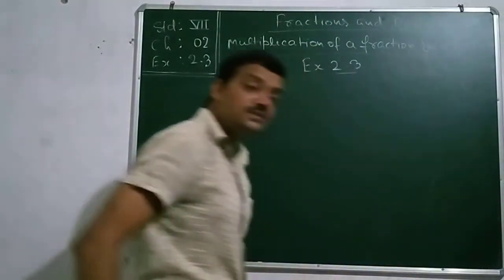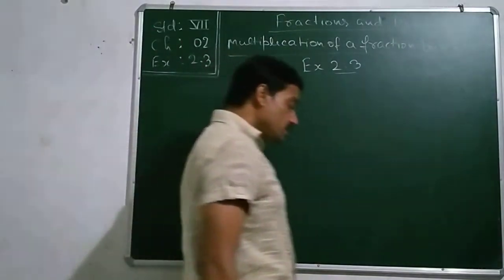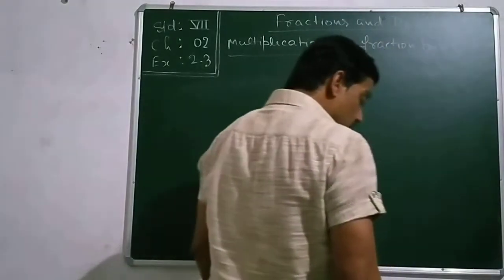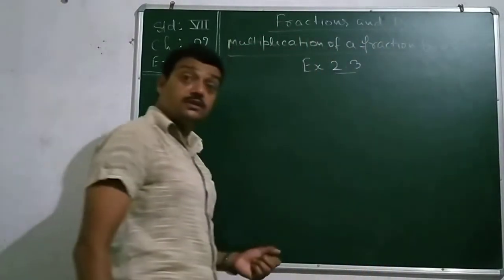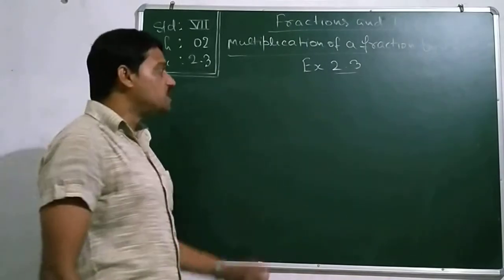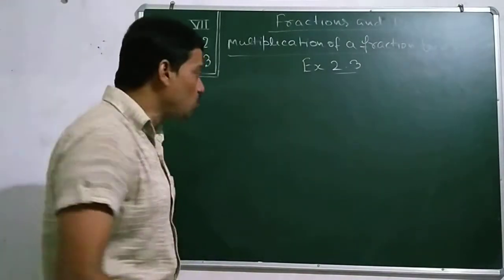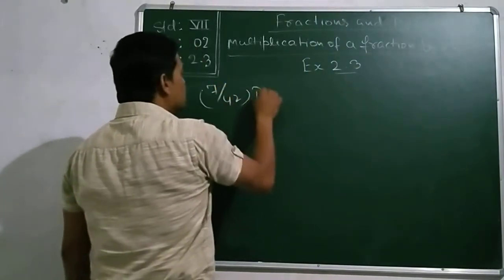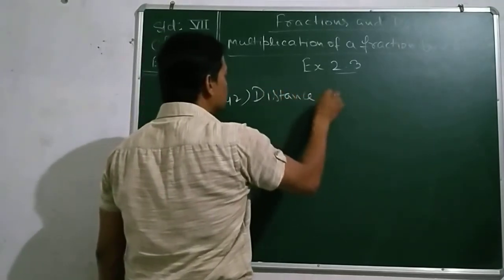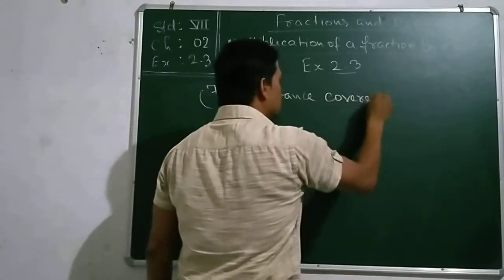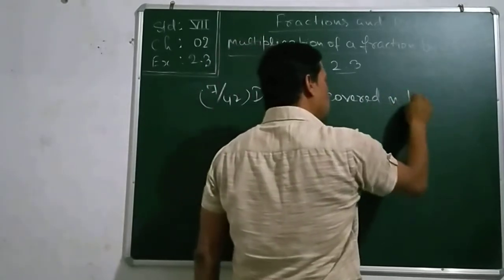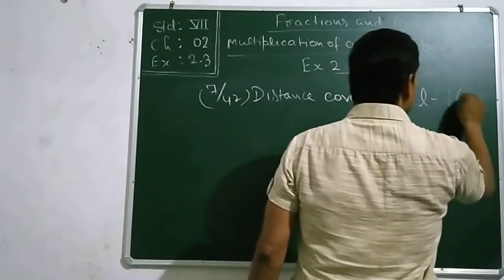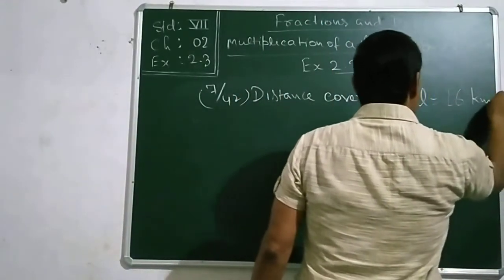in 1 liter a car runs for 16 kilometer, and a specific quantity of petrol is given. So we will write the language like this: distance covered by car in 1 liter equal to 16 kilometer. I have shortened this language.